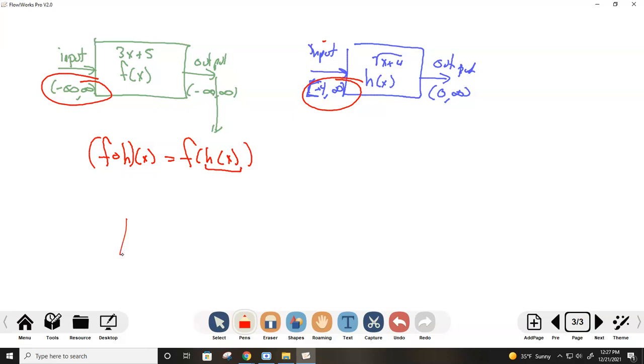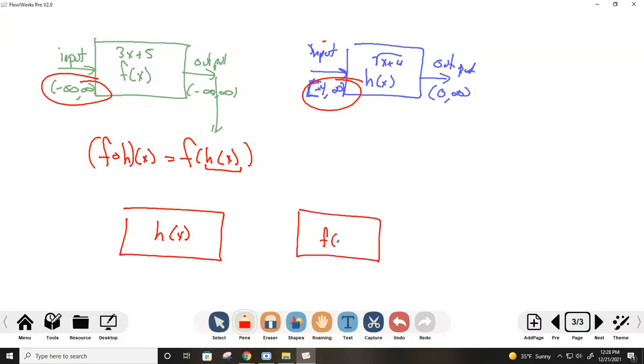This h of x is inside, so that's the one we're going to do first. And then the f is outside, so we do that last. And again, we're going to take this output and turn that into the input.